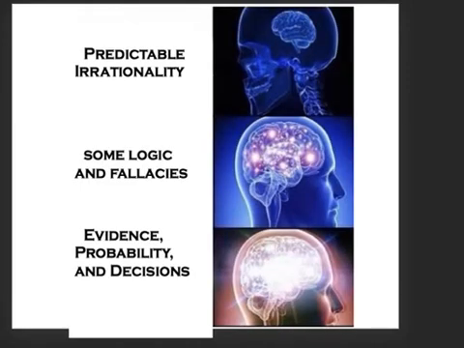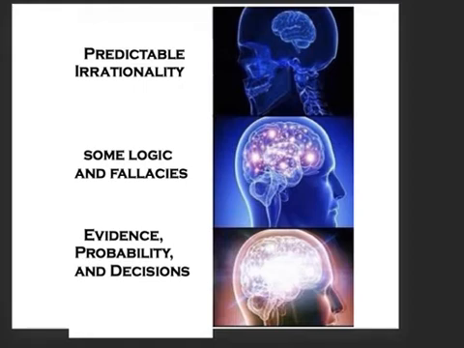So here are some things we'll be talking about and things that when you take this course, you'll learn. So you're going to learn about ways in which we are irrational or reason badly, but which are predictable or inevitable, that arise from how our minds are actually set up. So it's important for us to recognize these predictable ways in which we act irrationally.